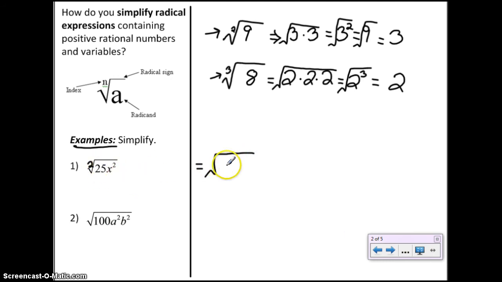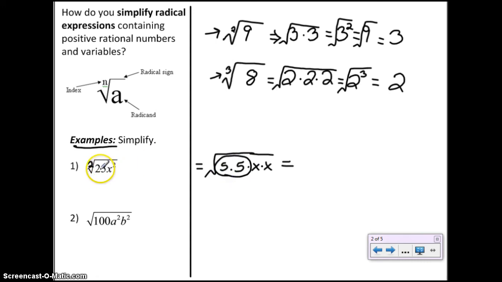I know that 5 times 5 makes 25. And then I also know that x times x is x squared. So really 25x squared is 5 times 5 times x times x, the product of those. If I want to take the square root, what I'm asking for is, well, I need 2 of them. So here, the product of 2 5s makes 25.